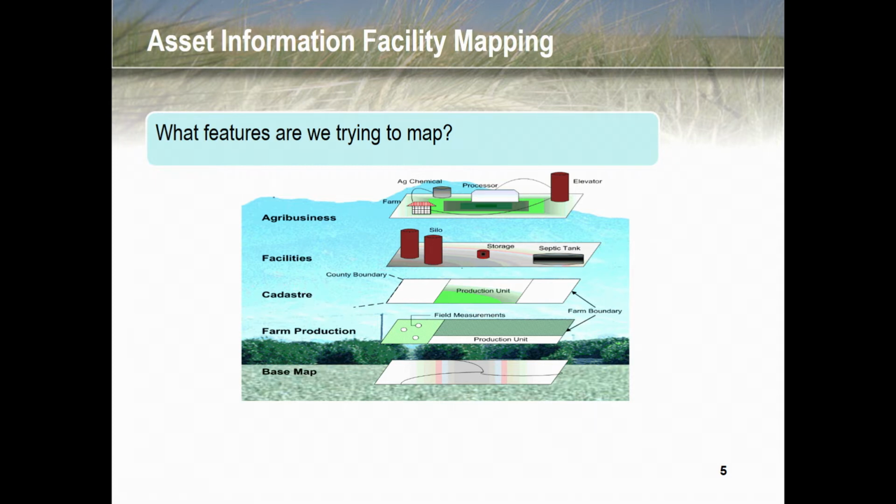Your facility layer, in this case, includes a gamut of facilities: silos, storage tanks, septic tanks, electrical networks, pipeline networks, even right down to picnic tables. And then finally the agribusiness portion of it, especially your buildings, and how they relate to each other.